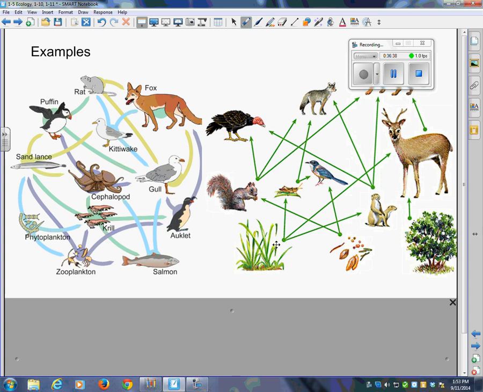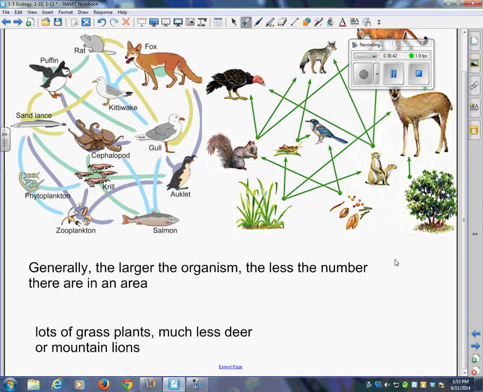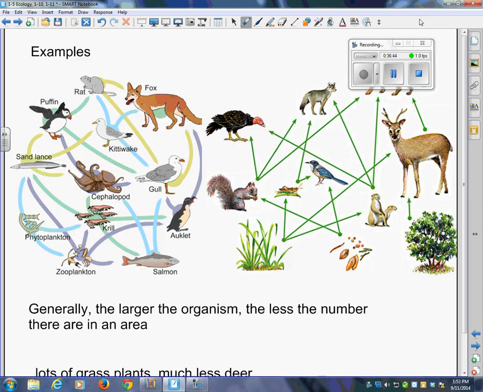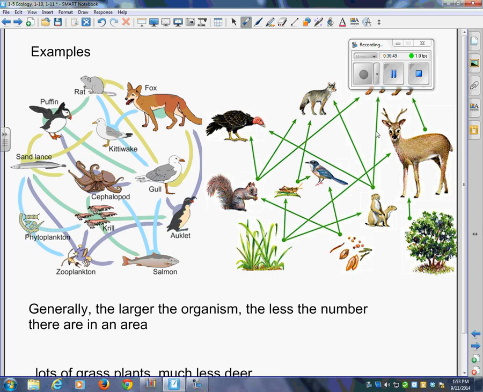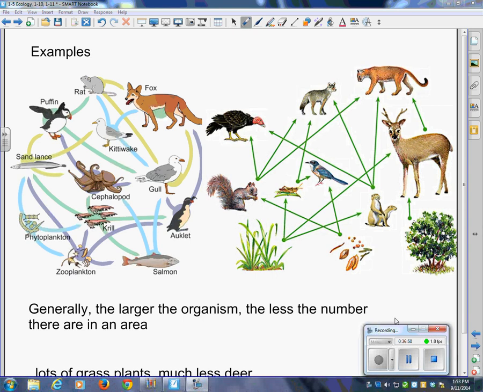So if you had to write a definition of a food web, it might even be right on your sheet there. No, I guess I didn't. Okay, well, we should probably write the definition of a food web. Let's do that. How would we describe as a group a food web? Anyone?